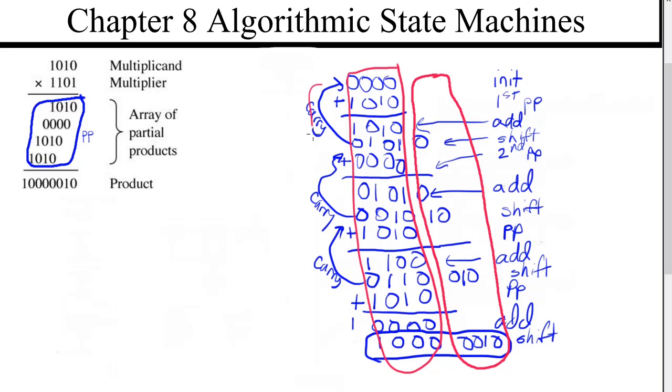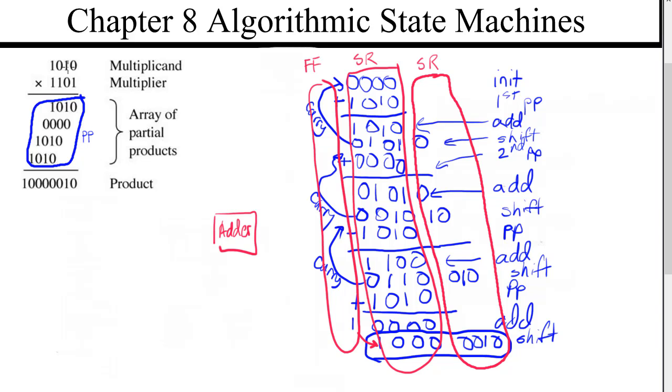And I have a flip-flop out here for the carries. Remember, this last one carried into here. So this is a flip-flop. This is a shift register. This is a shift register. Then I need some kind of adder. And then these partial products, I need to figure out how to add them.